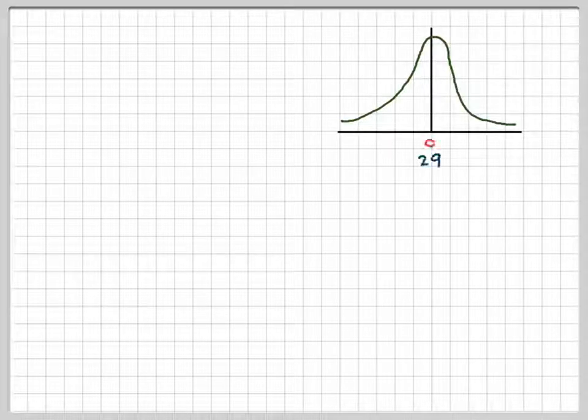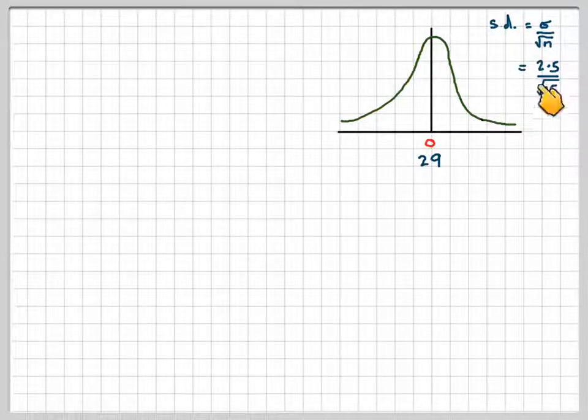Right, next we need to calculate the critical value. So if we have Z as the standard normal variable, this means the normal distribution where mu is 29. The standard deviation will be sigma over root n, which is 2.5 over root 15.